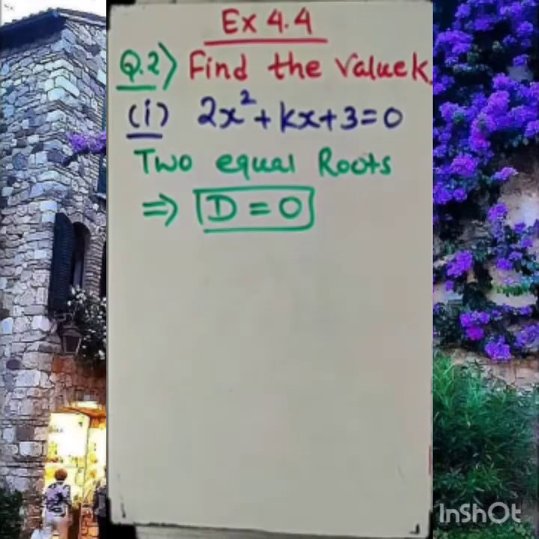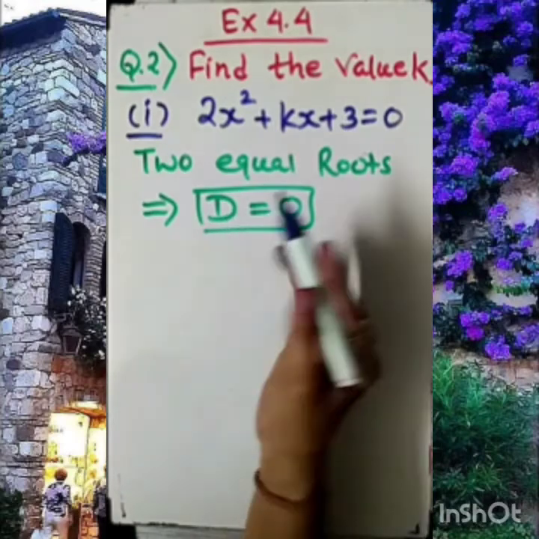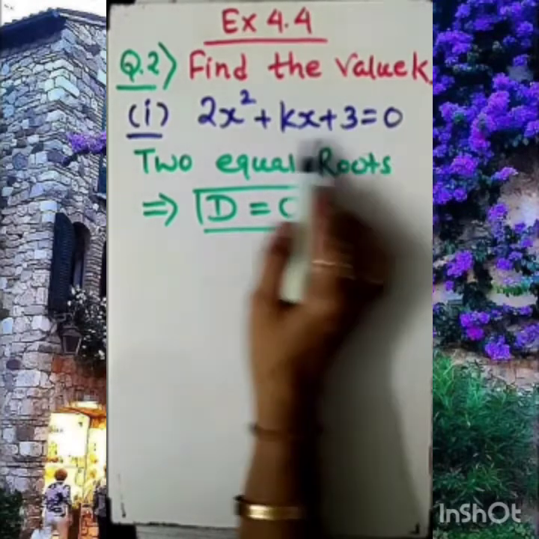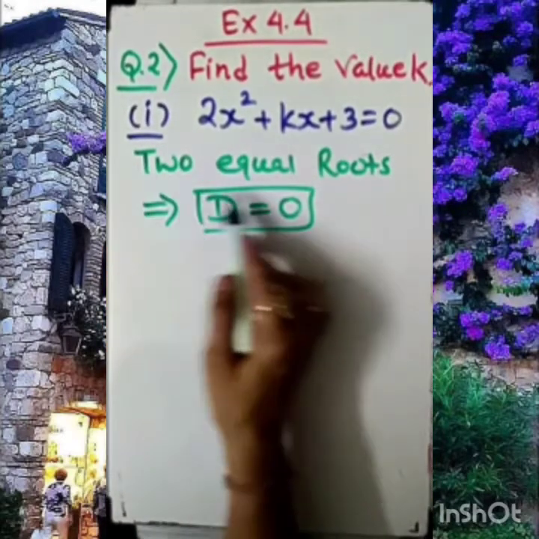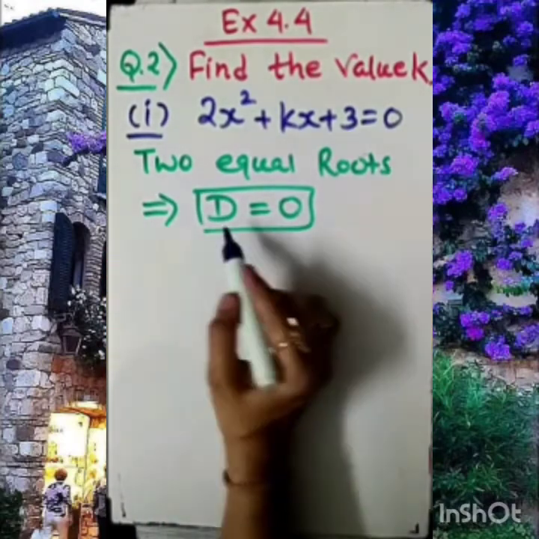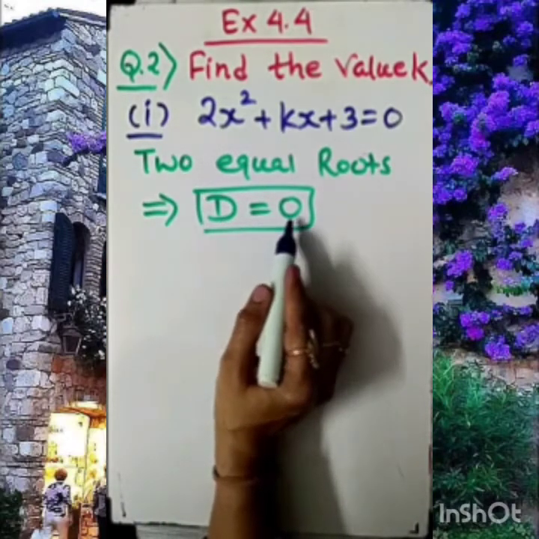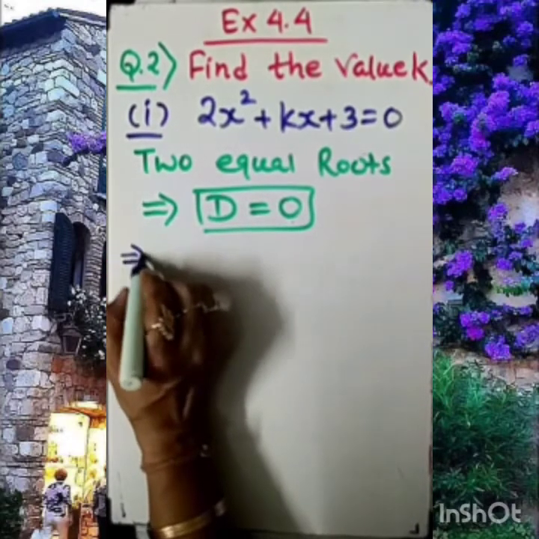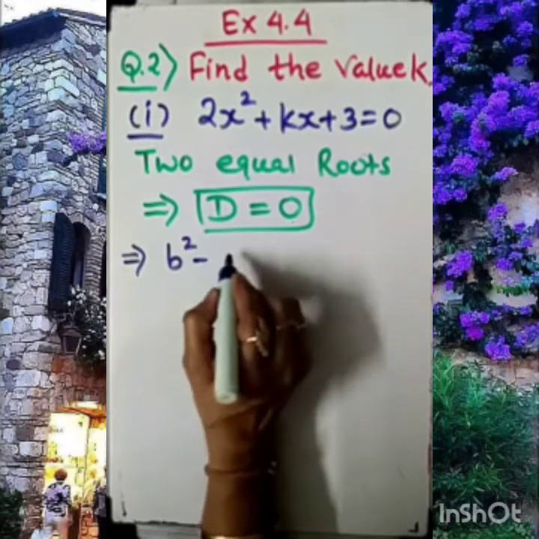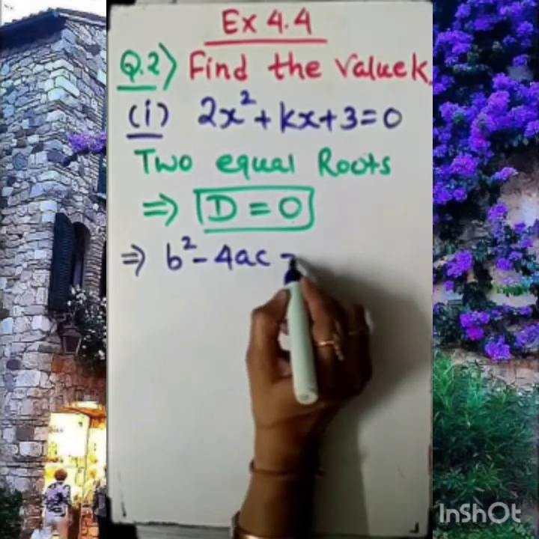This is an important result. Already we know about that. We have to apply the reverse procedure of what we did in the previous question. Instead of finding D, we already have the result D equal to 0. Now what is the value of D? That is b square minus 4ac equal to 0.